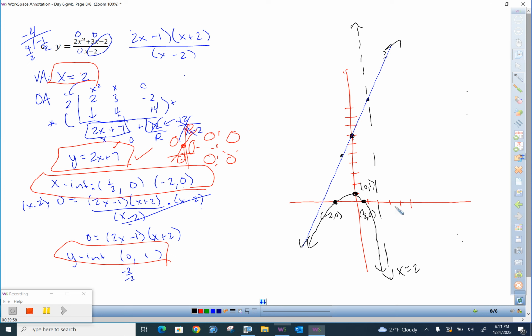Remember, it can't be next to it because that would cross the x-axis again, and it can't be above it because then we'd cross the y-axis again and the x-axis again, but also it wouldn't be a function. So these ones are always going to be diagonal from each other. So the other one you're just going to draw up here the same way, a little sideways parabola.